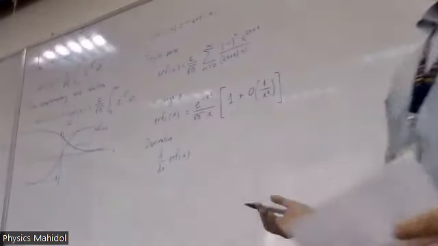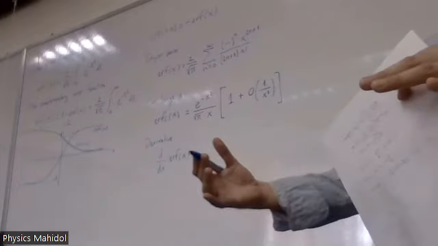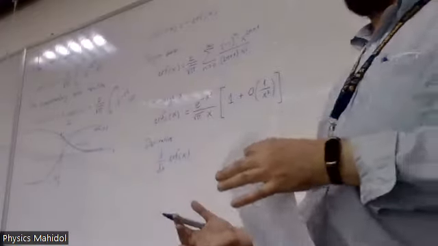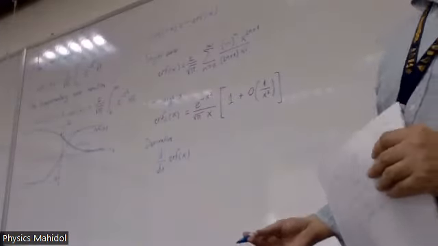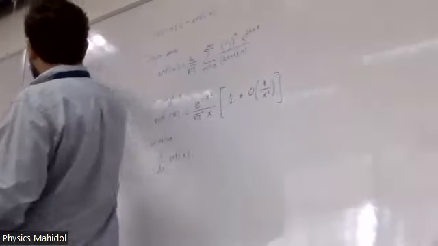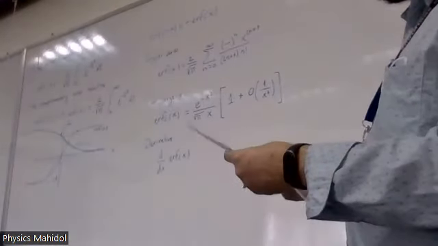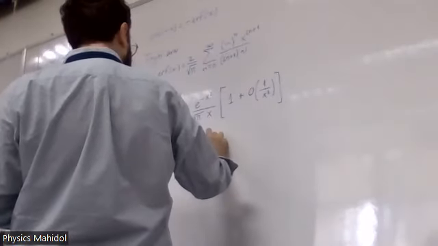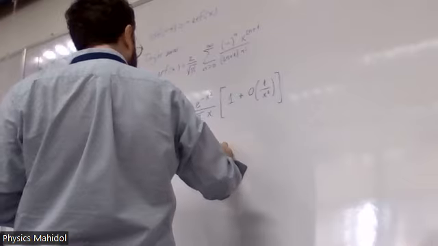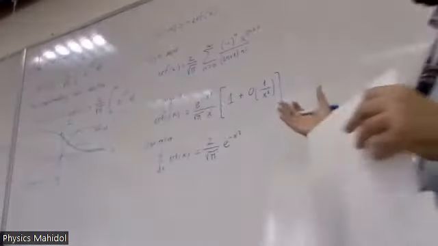Then the derivative of the error function is the Gaussian. So the error function is the integral of this, which means the derivative of this is something like this. The derivative of the error function is exactly 2 over square root of pi times the exponential of minus x squared. The Gaussian curve.